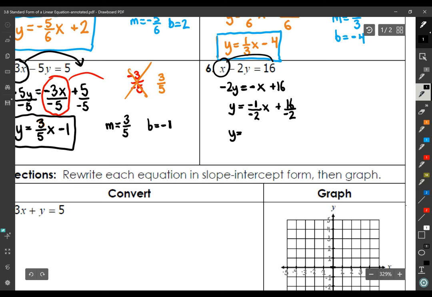This becomes positive 1/2 x minus 8. Okay, so again, all we're doing is we're rearranging and isolating for y. So here we go. We would have a slope of 1 over 2 and a y-intercept of negative 8.